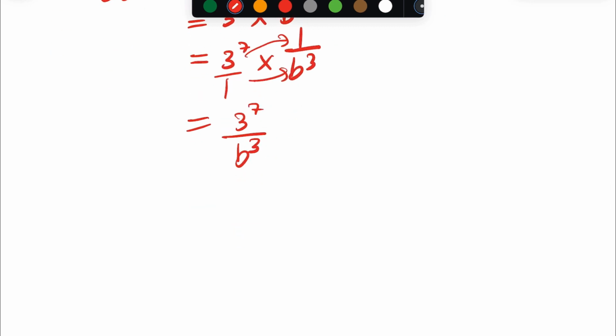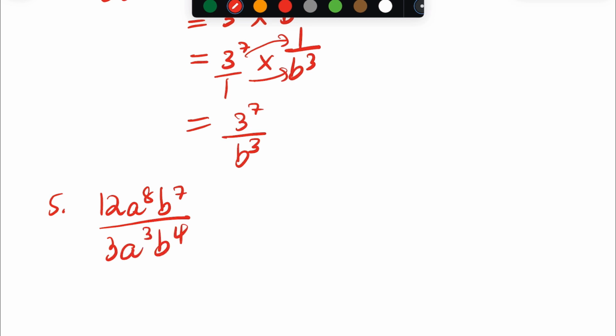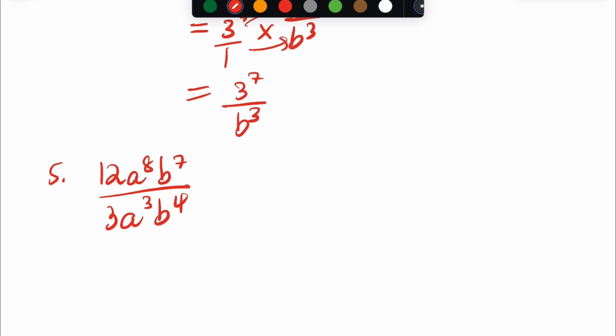The last one. Let's take 12a to the power 8 b to the power 7 divided by 3a to the power 3 b to the power 4. So what are we going to do now? First, we focus on numbers. So it will be 12 divided by 3, and then times, and then we'll focus on a.